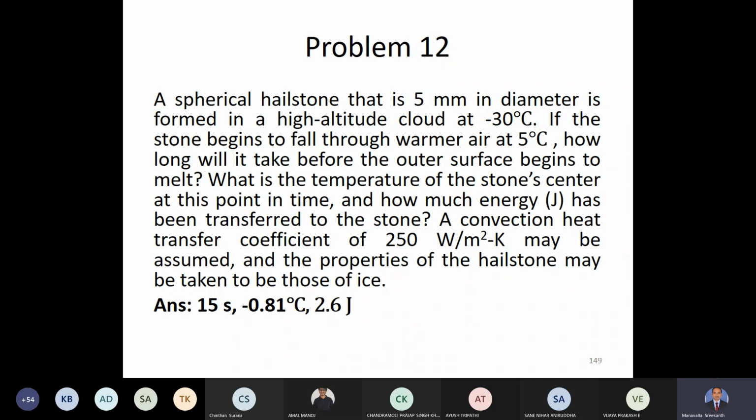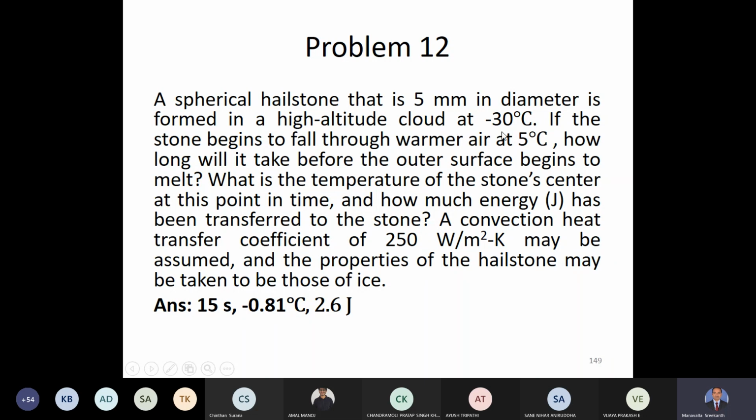Here it is 5 degrees Celsius. Another reason for heating up will be the viscous drag or friction we can call. So that also causes the heating. So because of these two reasons, there could be melting taking place of the hailstone. We are asked to find out how long will it take for the surface of the hailstone to melt.